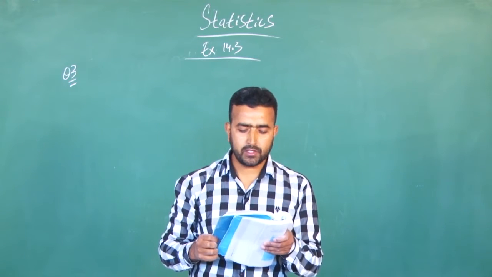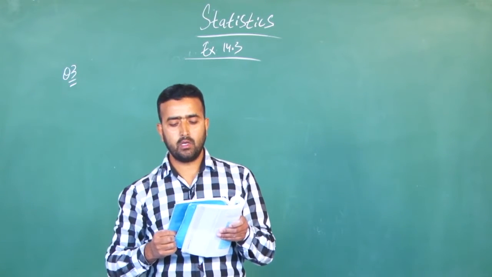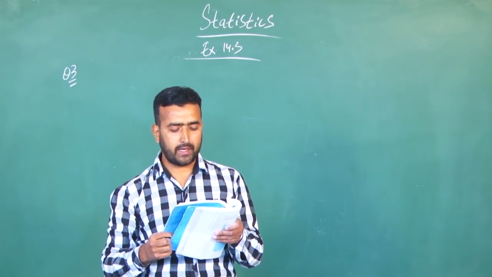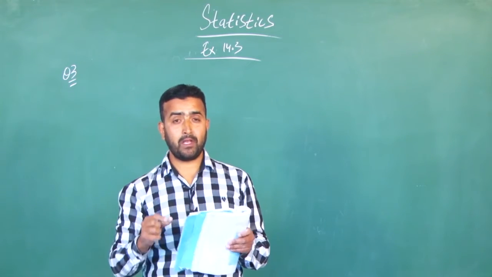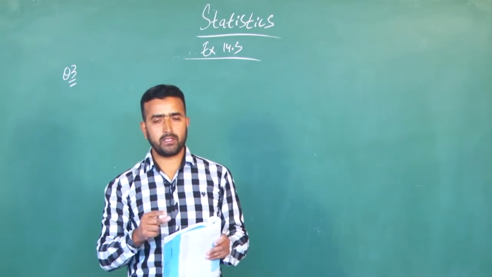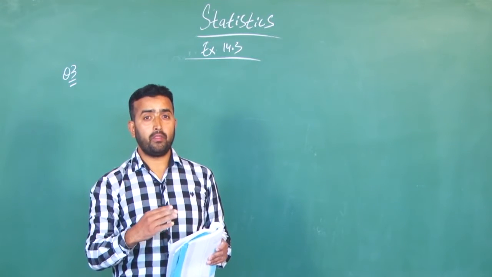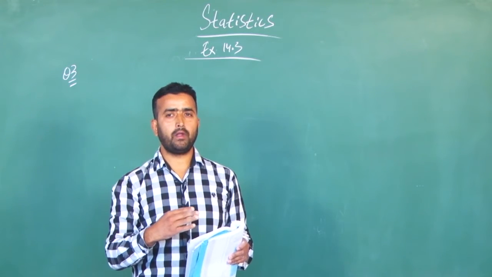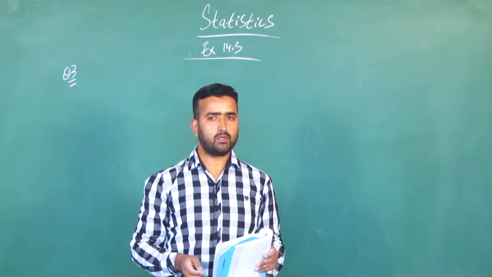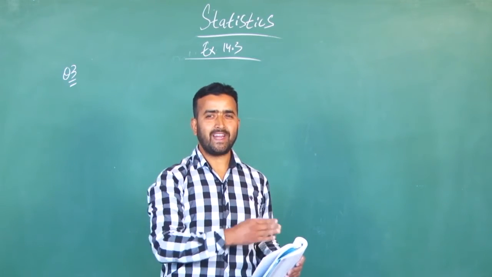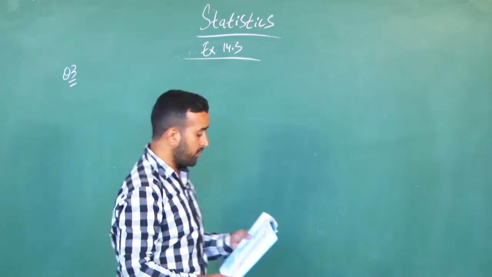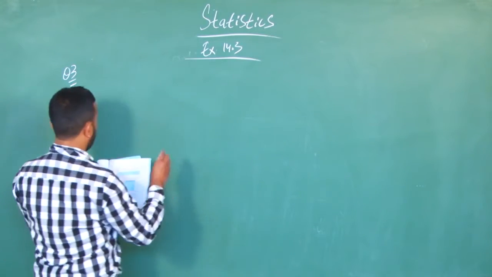Given below are the seats won by different political parties in the polling outcome of a state assembly election. Here we can find the application of the bar graph, how we can present the number of seats won by a particular party in a particular election. So here is the application of statistics in the case of elections.